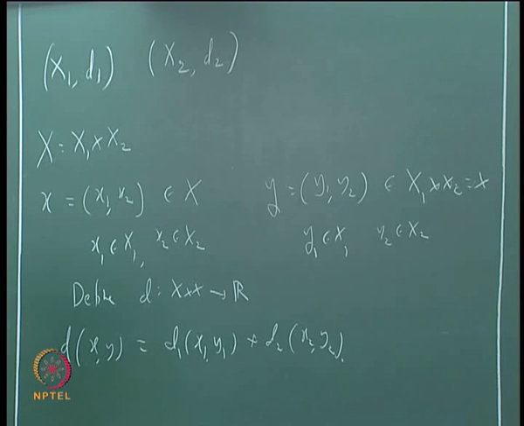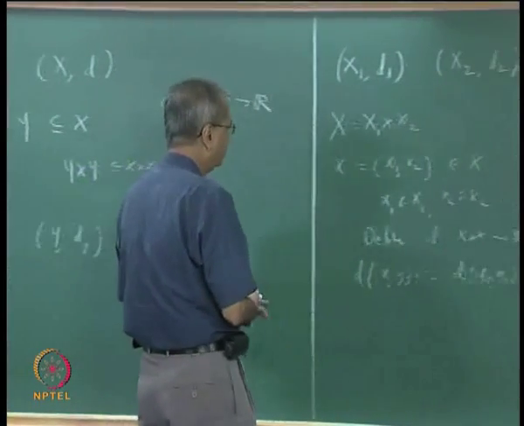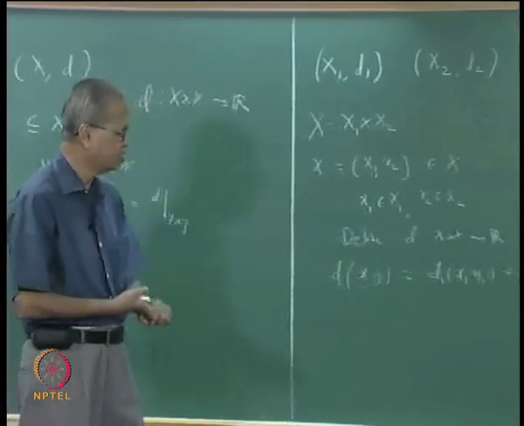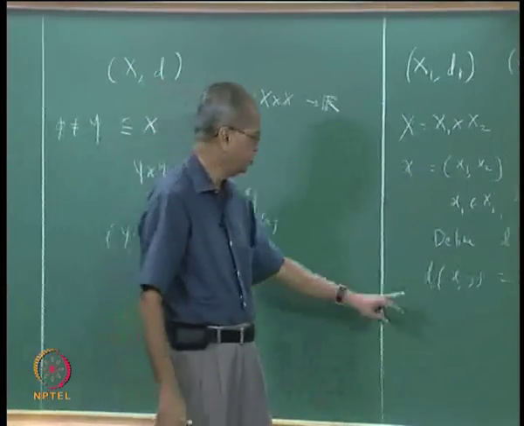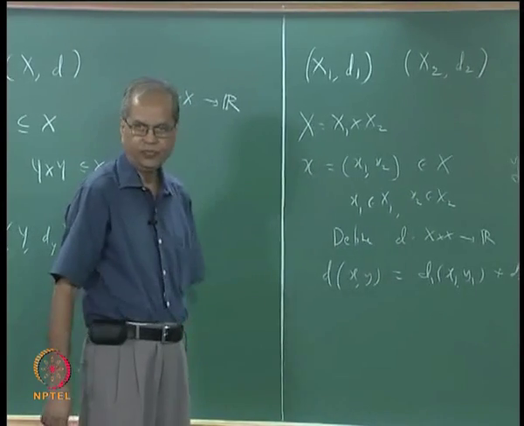Now I leave it to you as an exercise to check that this is a metric. That is a straightforward thing, and you will have to use the fact that d1 and d2 are metrics, that is, d1 is a metric on X1 and d2 is a metric on X2. Using that you will be able to prove that d is a metric on this X.